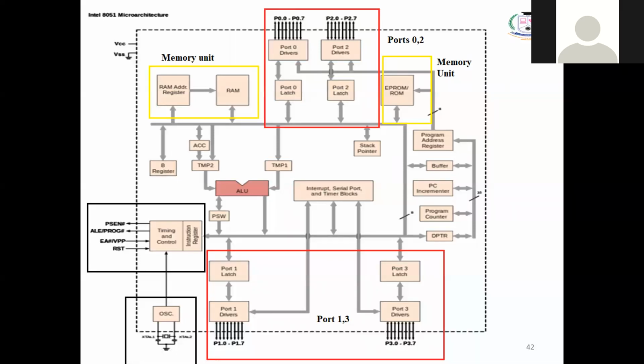So in my architecture, definitely I have to draw the 4 ports. You have seen here port 0, port 2 drivers, port 1 and port 3 drivers. You may ask why we have drawn port 0 and port 2 on one side, and port 1 and port 3 on the other. You have seen the pin detail is like that, so the same way they have connected like this.